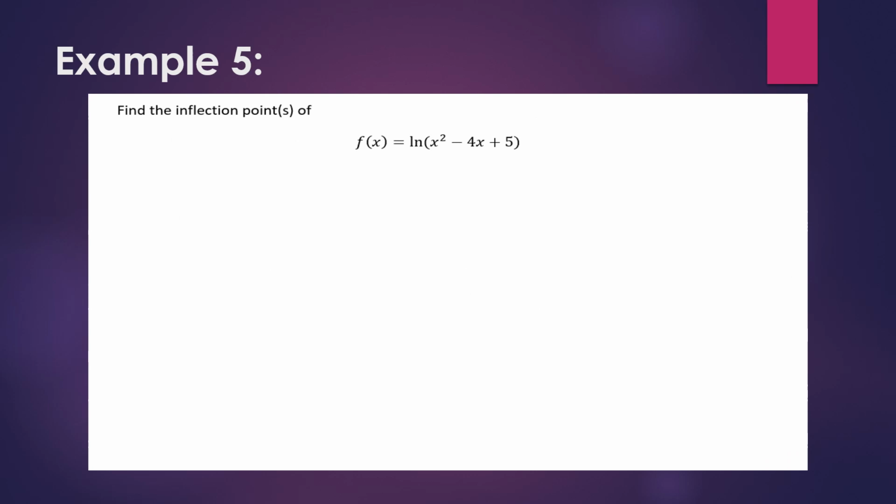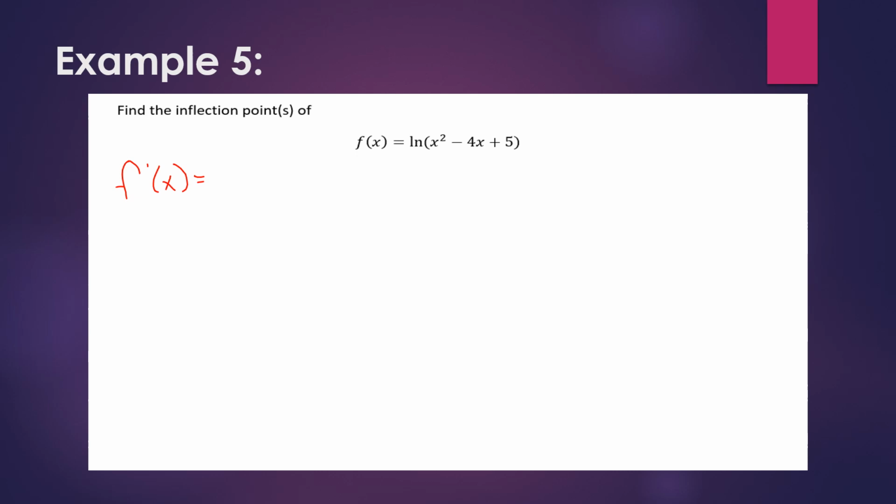Example 5, this is our last problem for the day, and they're giving us a beast here. So we want to find the inflection points of f of x equals the ln of x squared minus 4x plus 5. So the first thing we've got to do is take the derivative. So f prime of x, well, this is going to require a chain rule.